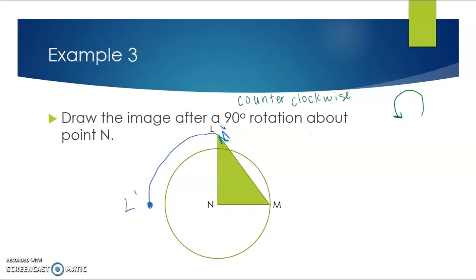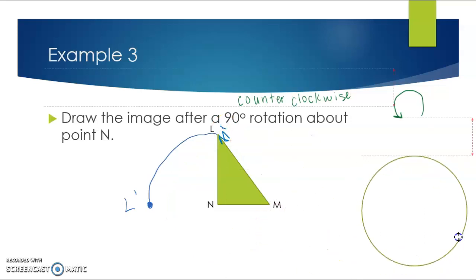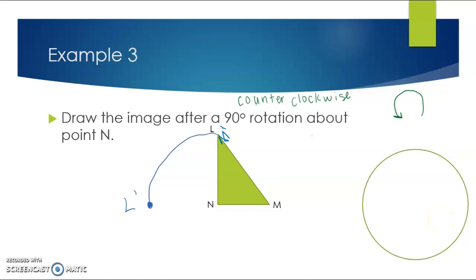And so I'm going to move that circle out of the way, and then I'm going to draw my triangle. And it's going to look like this. So notice that this height is not the same, but that's okay because NM is not the same as LM. LM is a little bit longer.